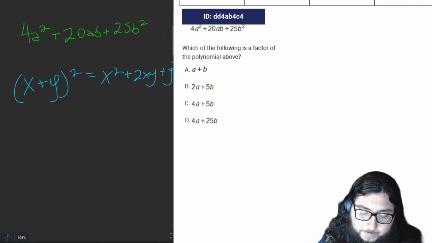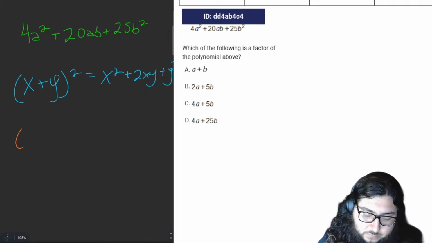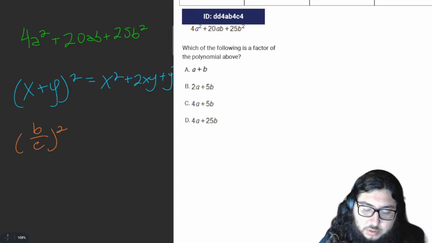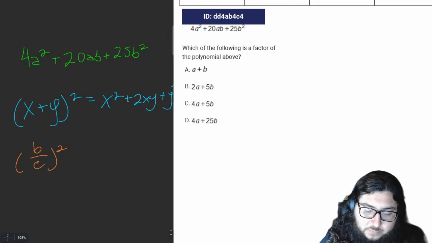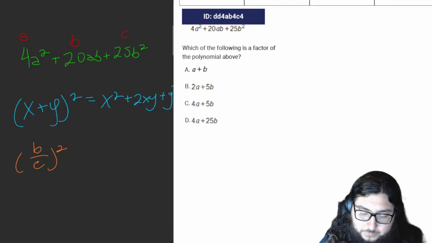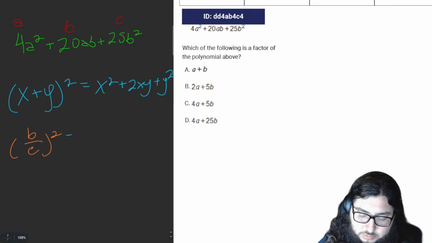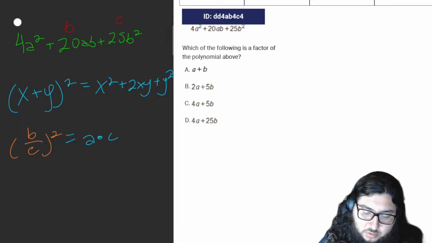So here, another rule is if b divided by c squared, where these are the coefficients a, b, and c, if b divided by c is equal to a times c, well, not just the coefficients, the actual terms, my apologies.